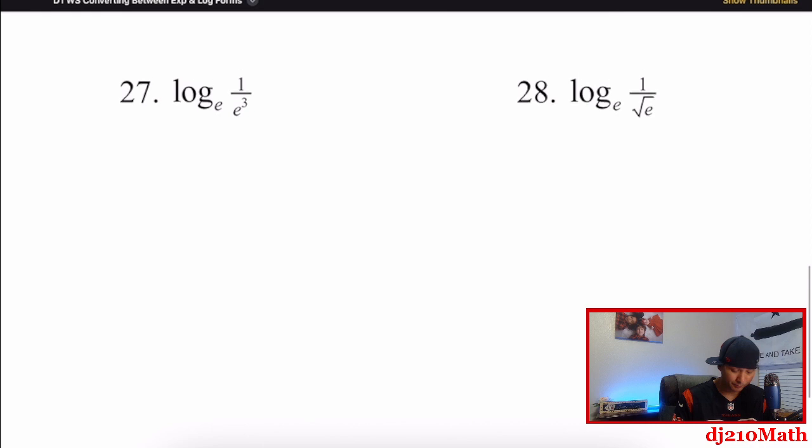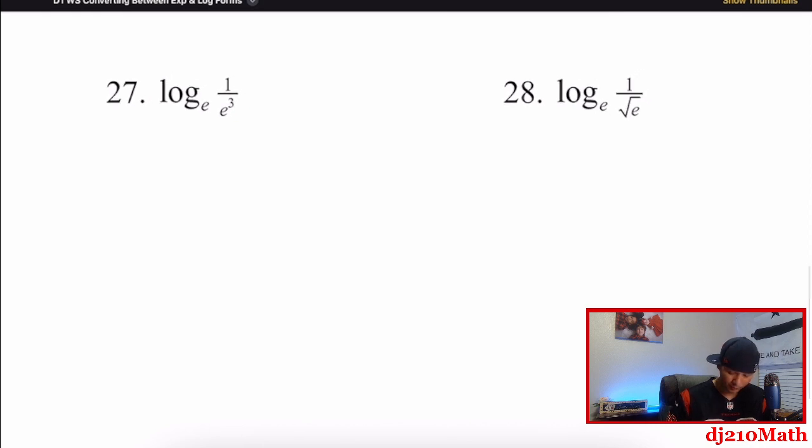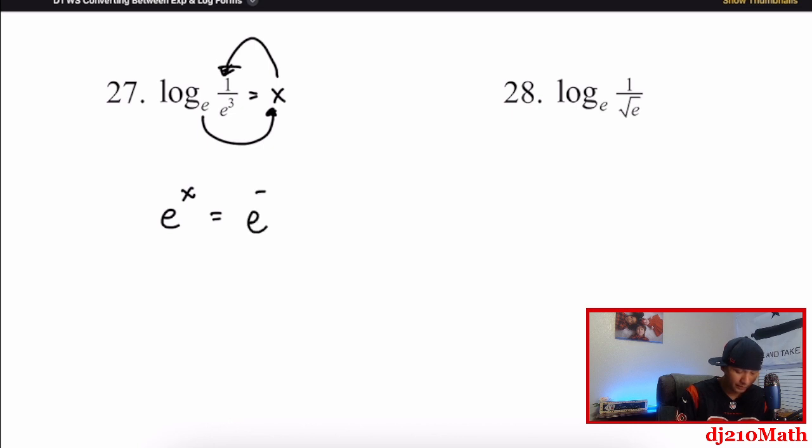All right. You could apply the same property here, but let's just work it out. So e to the x, so e to something, is equal to whatever this is. I'm going to go ahead and just rewrite it as -3. And then x is equal to -3. Therefore, this is equal to -3.